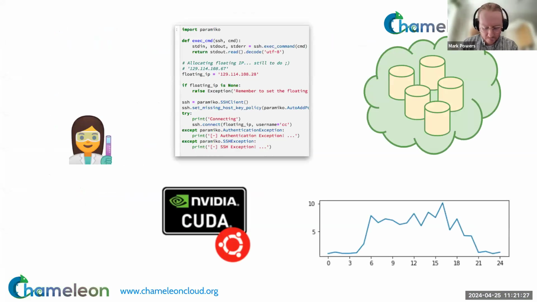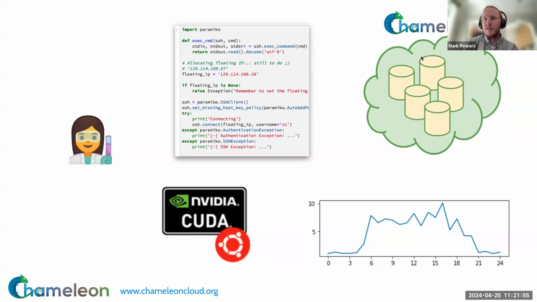So I was kind of getting into a bit of a problem that researchers might have managing all these different parts of their experiment, as I was managing it in the demo. I'll have some code that is my experiment, and I'll have my environment on the node that contains maybe CUDA and Ubuntu.